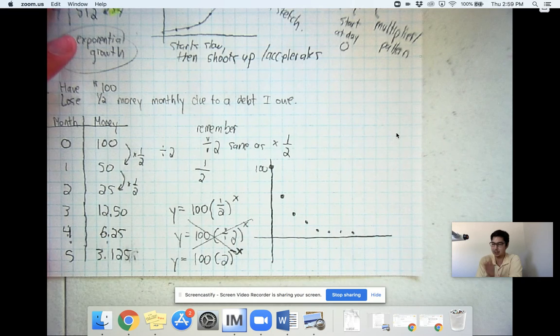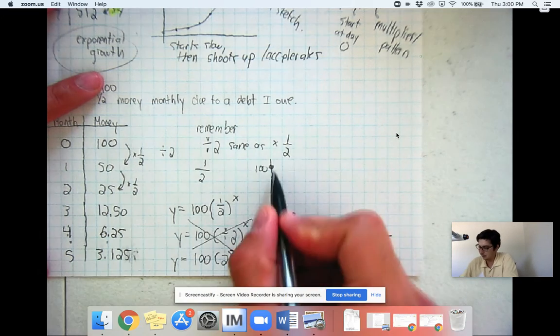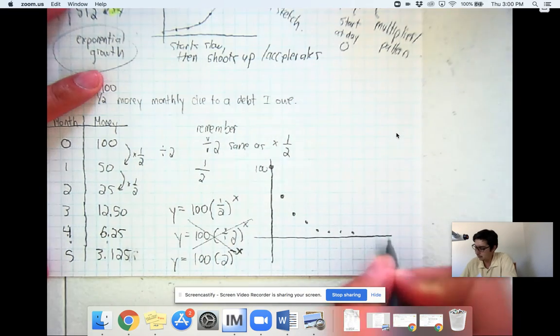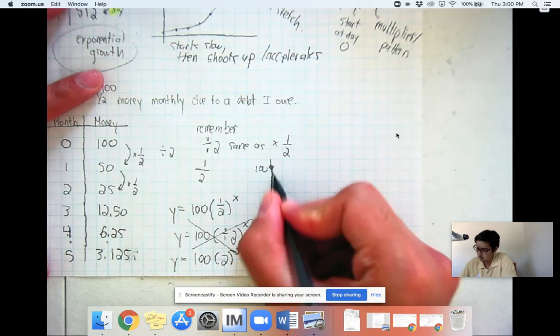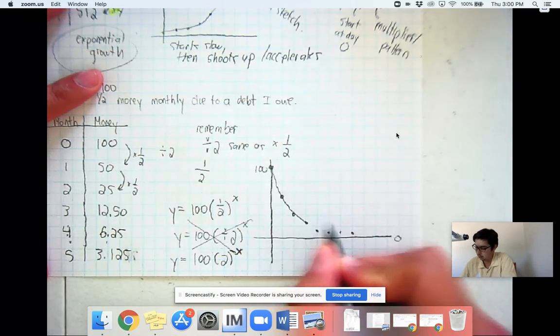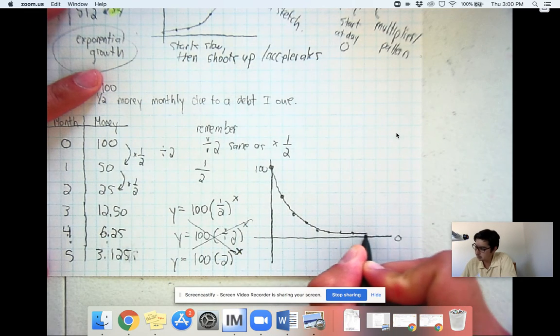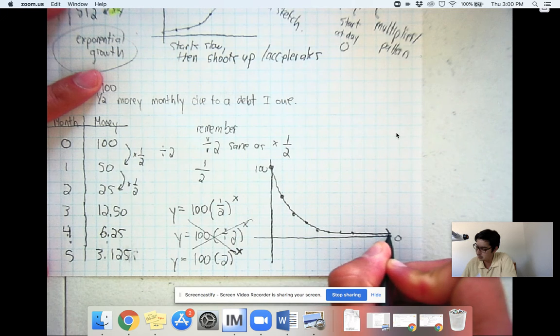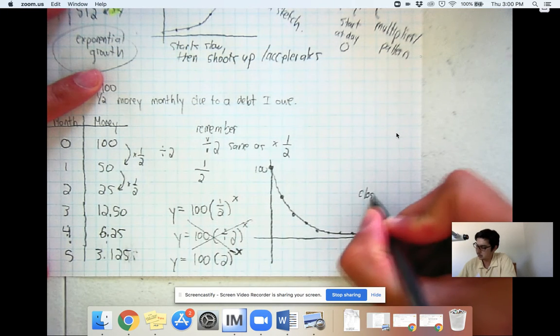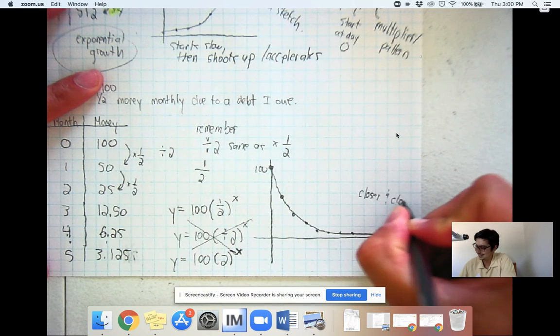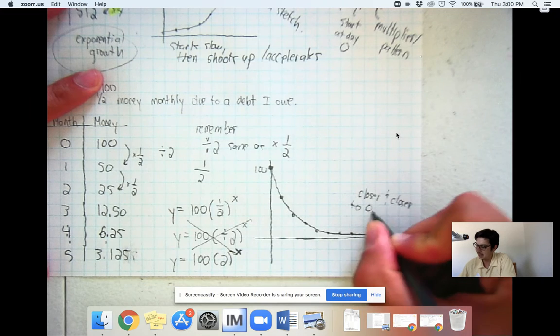So the idea is if we keep cutting in half, will we ever get to 0? And theoretically, no, you won't. It actually gets closer and closer to 0, but will never touch 0.